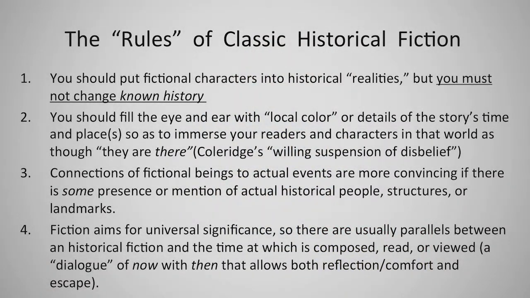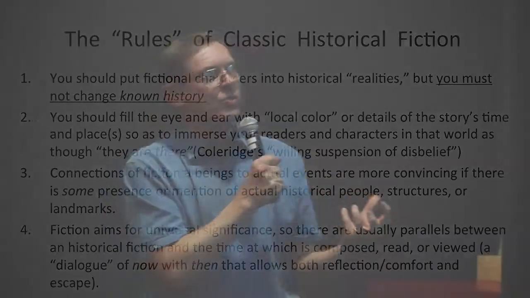Number two, you should fill the eye and ear, as Scott certainly did, with local color or details of the story's time and places, so as to immerse your readers and characters in that world as though they are there. And that was a key for Scott for maintaining what his contemporary, the poet Samuel Taylor Coleridge, called the willing suspension of disbelief.